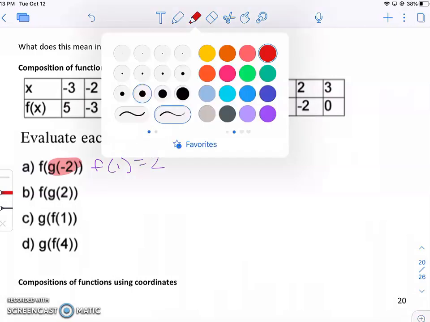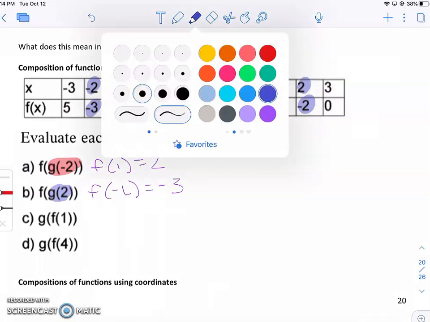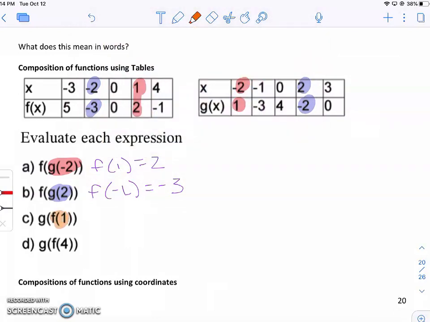Let's try this next one. We do the inside first. g of 2 is negative 2. So this is really f of negative 2. Negative 2 gives us negative 3. Our next one, f of 1.